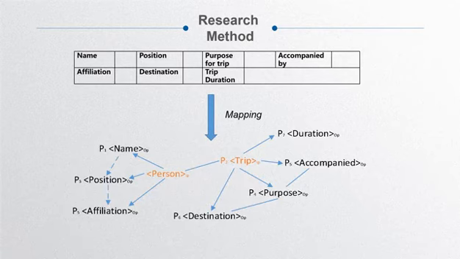For example, in the case of travel reimbursement, we map form to input and output nodes and establish a purpose system.